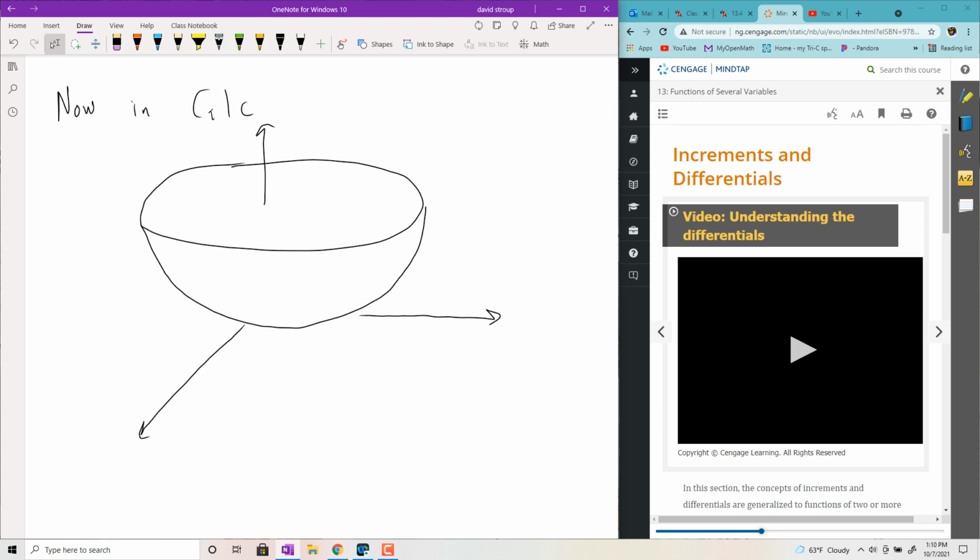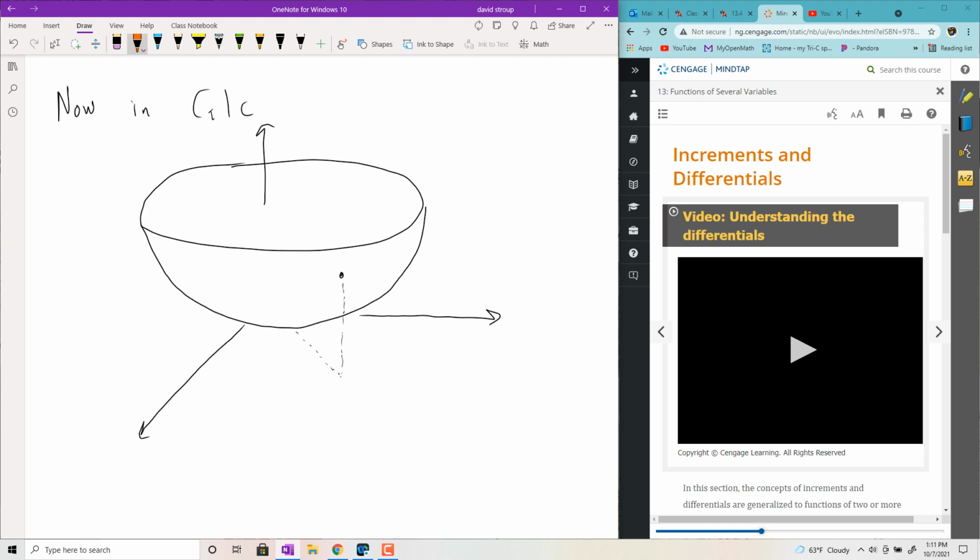We want to approximate the change in the z value going from the origin out to some point on the surface right here. That change in height going from 0 to the surface is the delta z portion. We want to approximate that with a tangent plane.